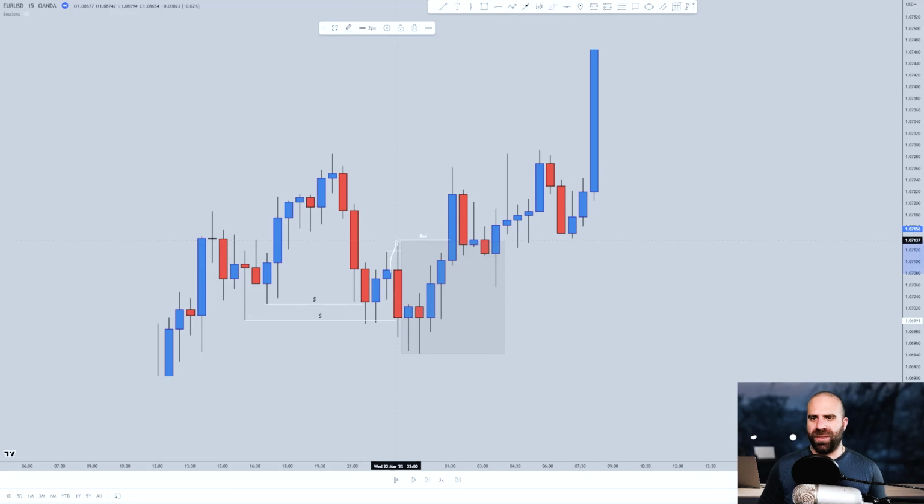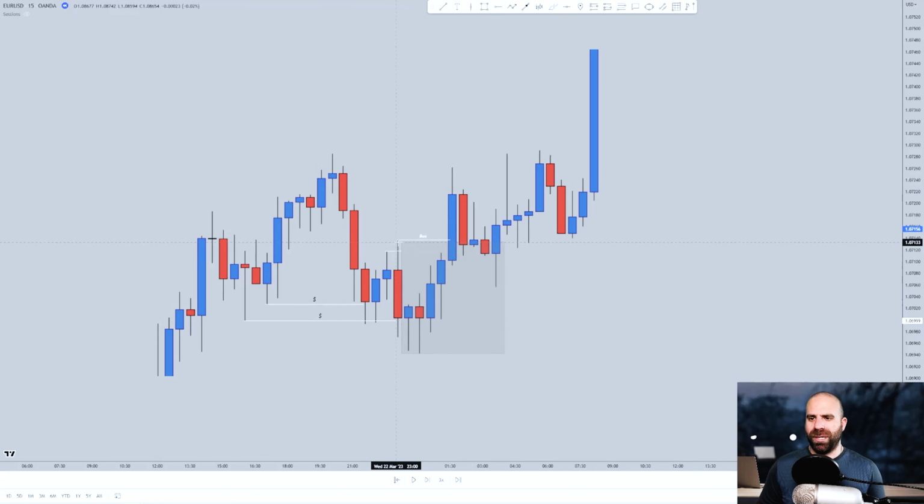We first had the up move, then the down move, which grabbed the liquidity below these areas, and then we broke structure. So the real order block in this occasion is this whole area right here, from this red candlestick until the bottom of this movement. This is the first manipulation towards the upside, then we broke and we grabbed liquidity, and off we went.